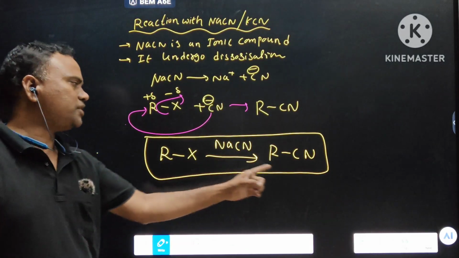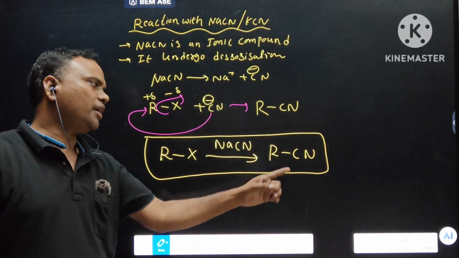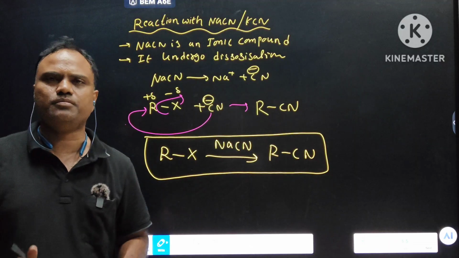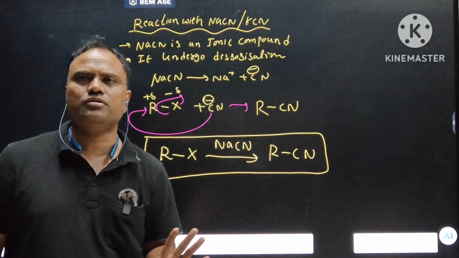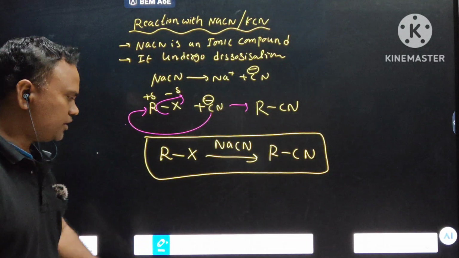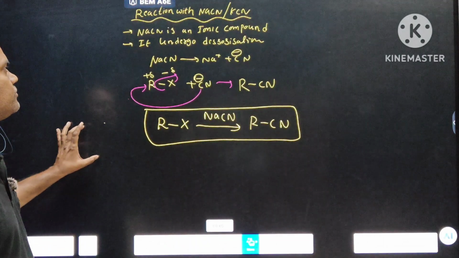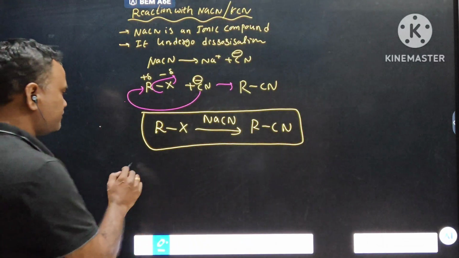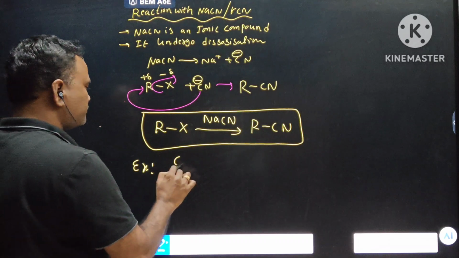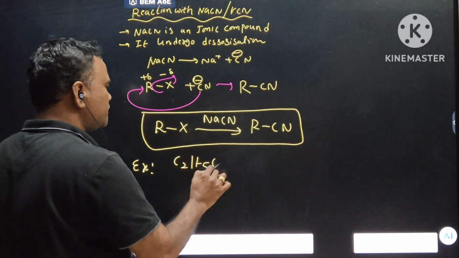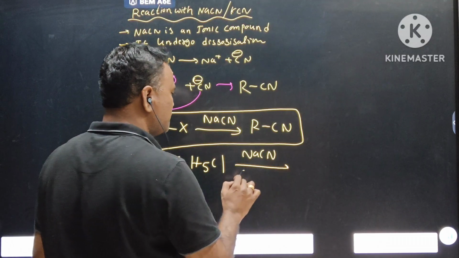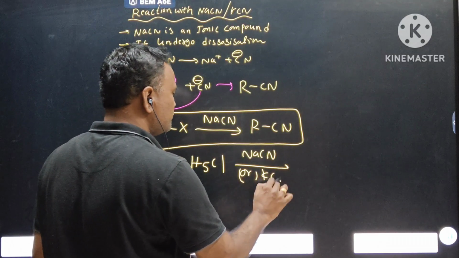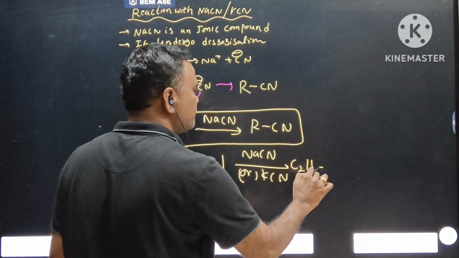What is the product when RX is treated with NaCN? You will get RCN. RCN. Very simple. Clear? Remove halogen and place CN. Simple trick. Clear? Right. Let us see one example for this. C2H5Cl, ethyl chloride, when treated with NaCN or KCN, anything we can use.